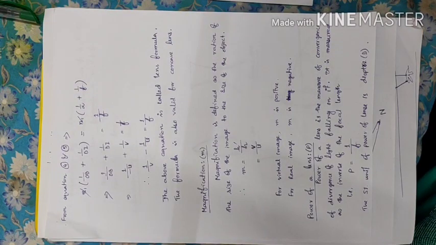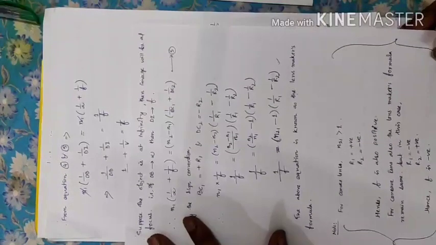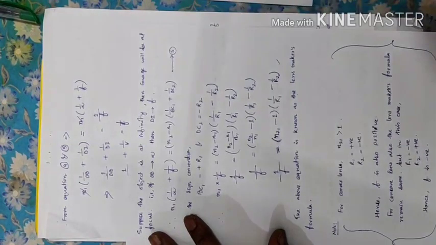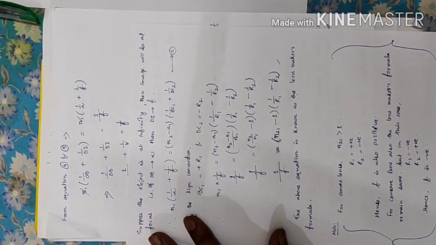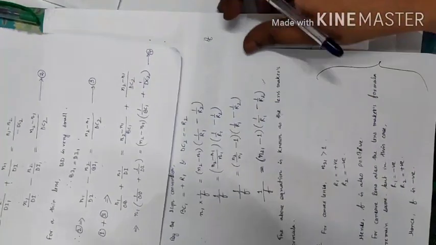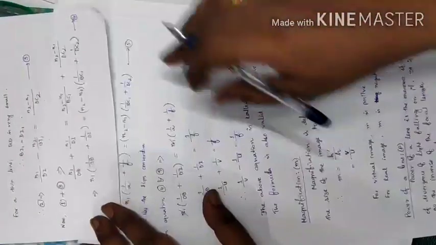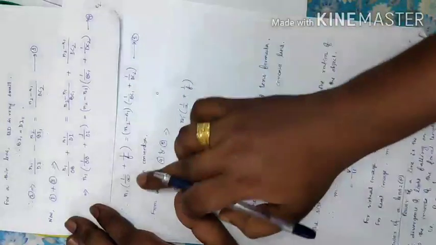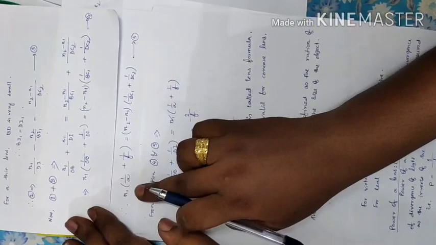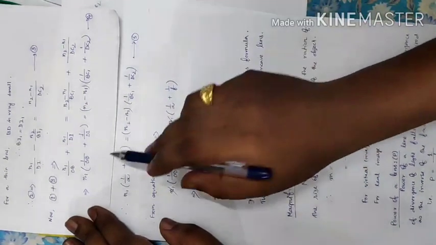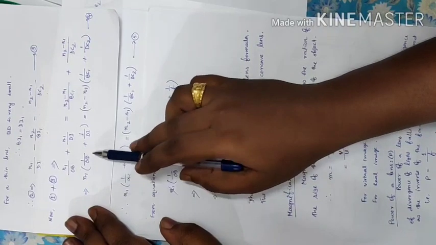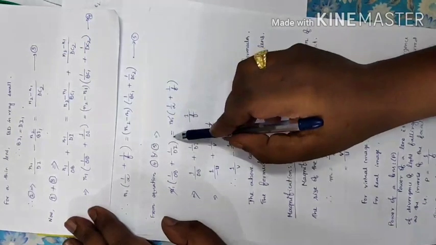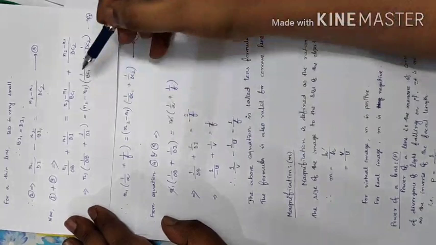Next, from equation 4 and equation 5. Equation 4: n1 (1/ob + 1/di) is equal to the right side.